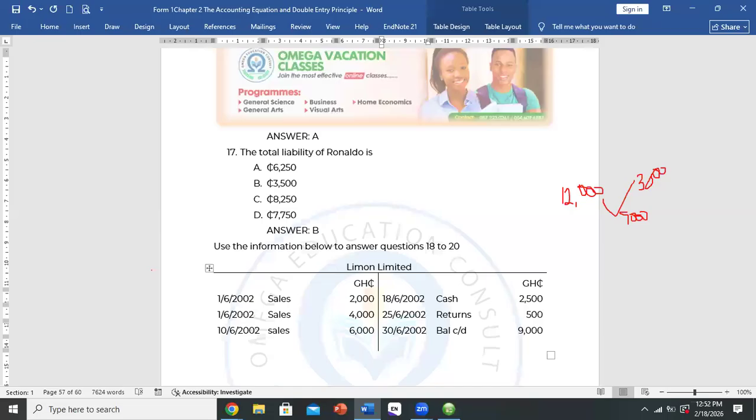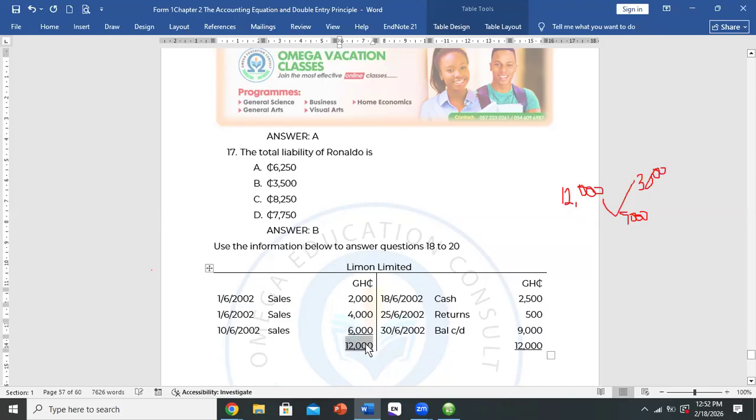Now, when you put in the carry down, it's always important for you to get the total on both sides because now the account has a balance. So that will be the 12,000 here and 12,000 here. The total is very important and you need to underline it.